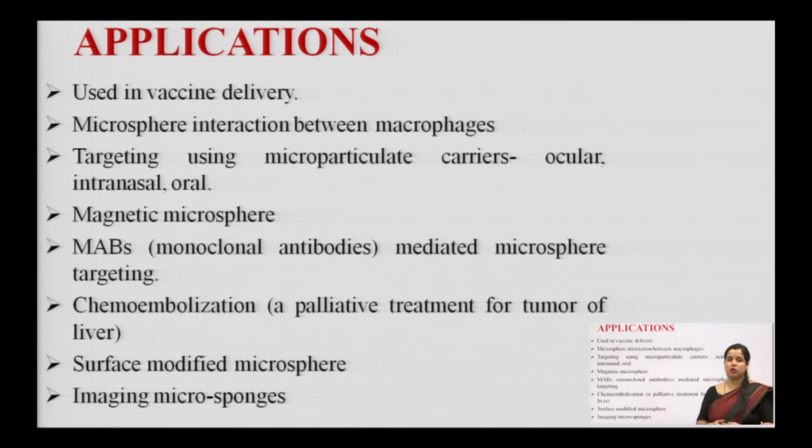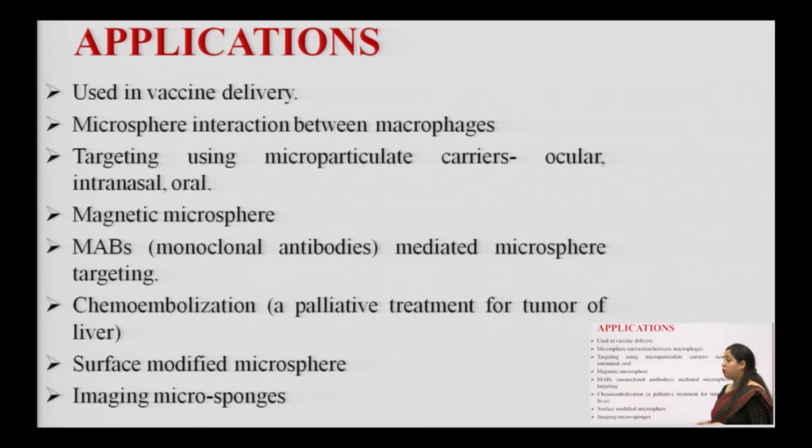Magnetic microspheres have been used in chemotherapy to achieve lesser toxicity within the organ. Monoclonal antibodies in case of immunotargeting, chemoembolism to block the particular target area, so that the drug can block the blood vessel blood flow, and the microspheres can release the drug to the affected area.